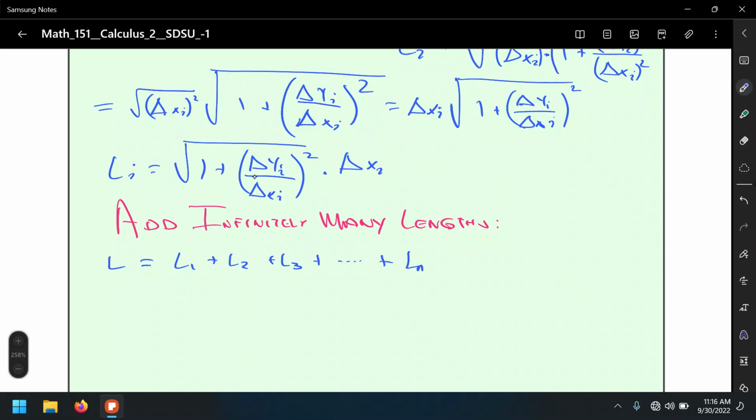Well, we can write an expression for L1 to be the square root of 1 plus delta y sub 1 over delta x sub 1 times delta x sub 1. Well, I don't want to write all these many.